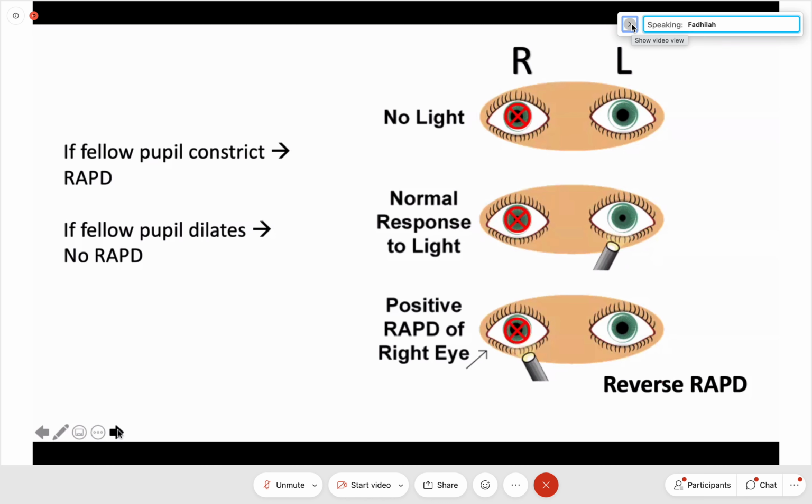When I was at right, the pupil on the left was dilated. So now I swing to left, I would see the effect of dilation, but because there is direct response, the pupil starts to constrict. So if I see that the left pupil starts to constrict, it means there is RAPD. Alright?